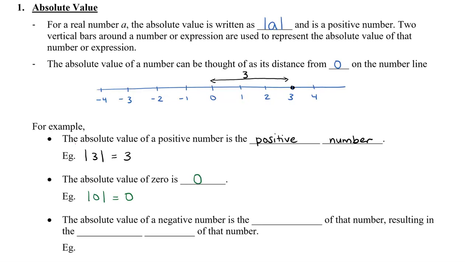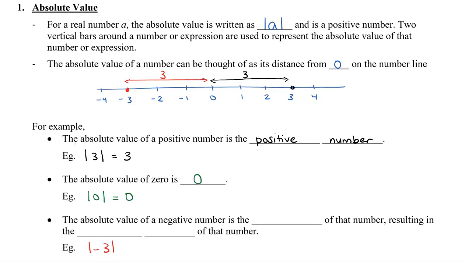Okay. Lastly, let's take a look at a negative number. So let's take the absolute value of negative 3. So that distance from negative 3 to 0 is also a distance of 3.